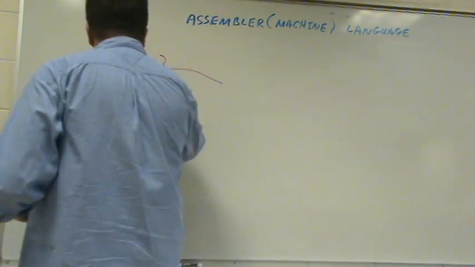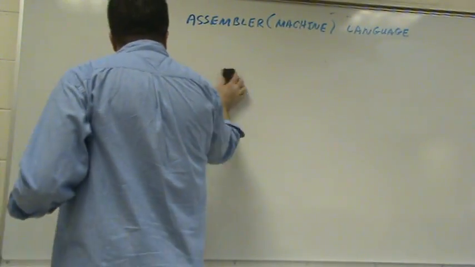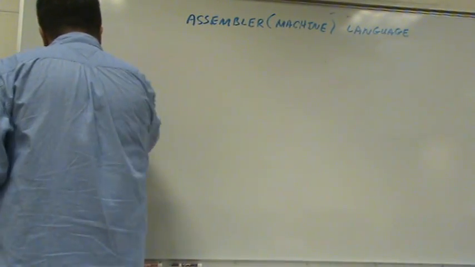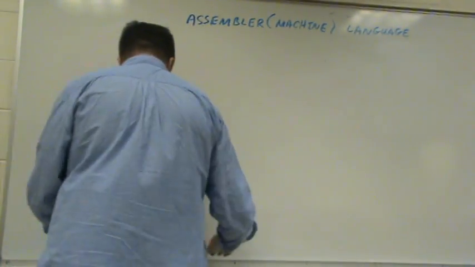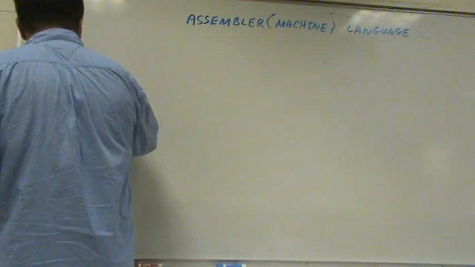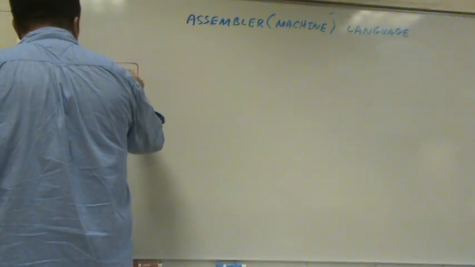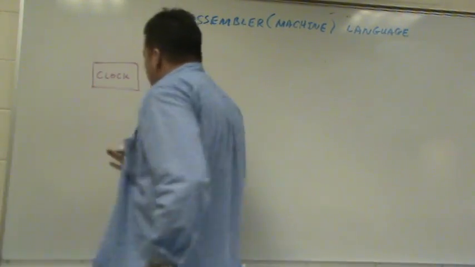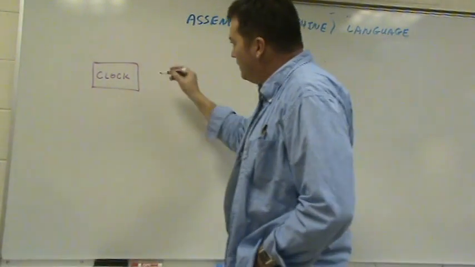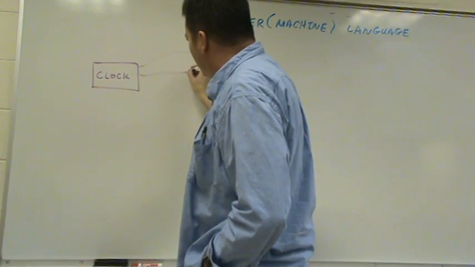Every time any instruction is run, and I think when we were talking about some hardware, we had a thing called a clock. Let's keep this simple. We'll have a clock that has 4 wires coming out of it.